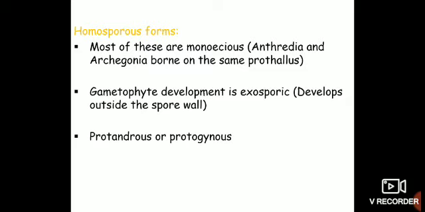And the development of these gametophytes is exosporic. They develop outside the spore wall and they can be protandrous or protogynous. There are some examples of homosporous pteridophytes in which the gametophytes are dioecious, but the majority of homosporous pteridophytes are monoecious.